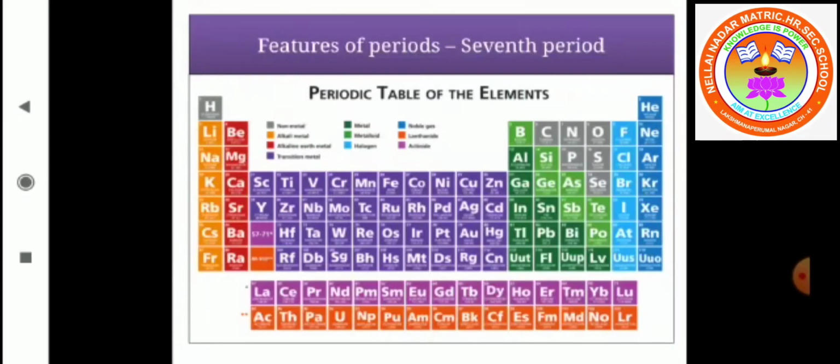Next one is the seventh period. The seventh period of the modern periodic table begins with francium. See, look at the last row of the modern periodic table, Fr. That is francium, radium.